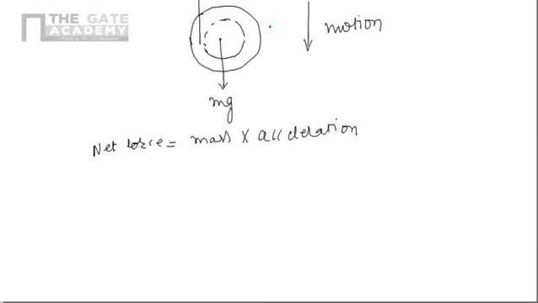In this diagram mg acts downward and T acts upward, and motion is downward, so the net force downward will be mg minus T. We know the mass is m, and suppose a is the linear acceleration.